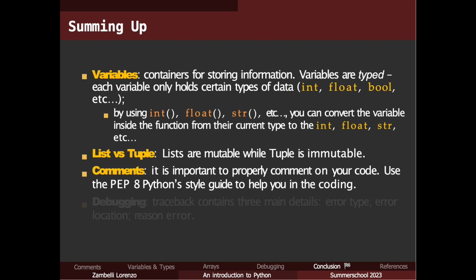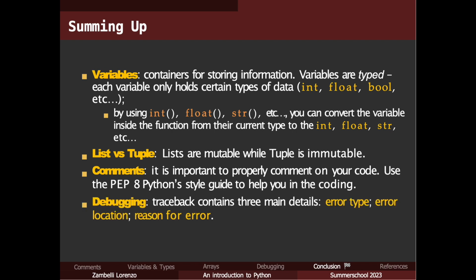We also learned how to write comments, which is fundamental for any programming language. For Python, I would advise you to follow the PEP 8 Python style guide. And finally, we learned how debugging works. Basically, every time you get an error, you're going to have a traceback, which contains mainly three factors: the error type, the error location, and the reason for the error.